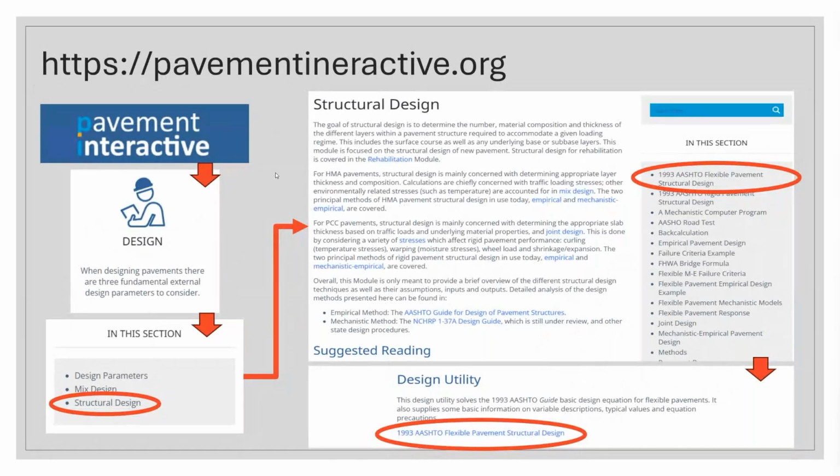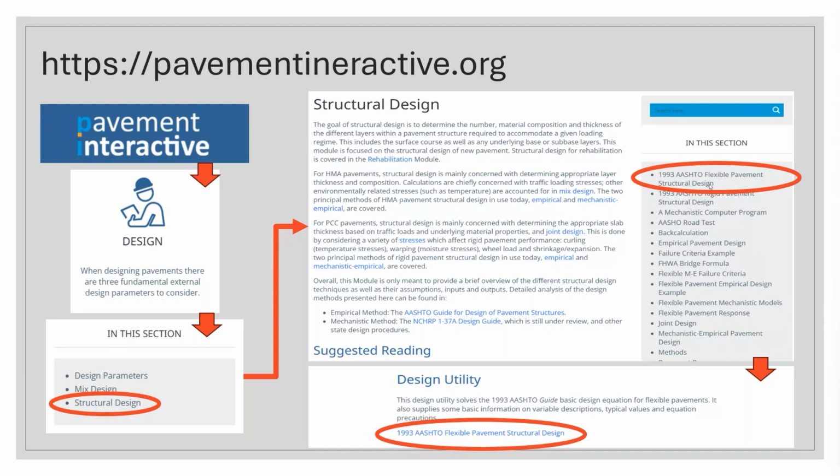There are a number of websites that have this. One of the ones I like is pavementinteractive.org. And if you go in their website to the design section and look at structural design, that will take you to a description. They have the AASHTO guidelines for both asphalt and for concrete. Of course, we're talking about asphalt today, but the asphalt is flexible, so that's the 93 AASHTO flexible pavement structural design.